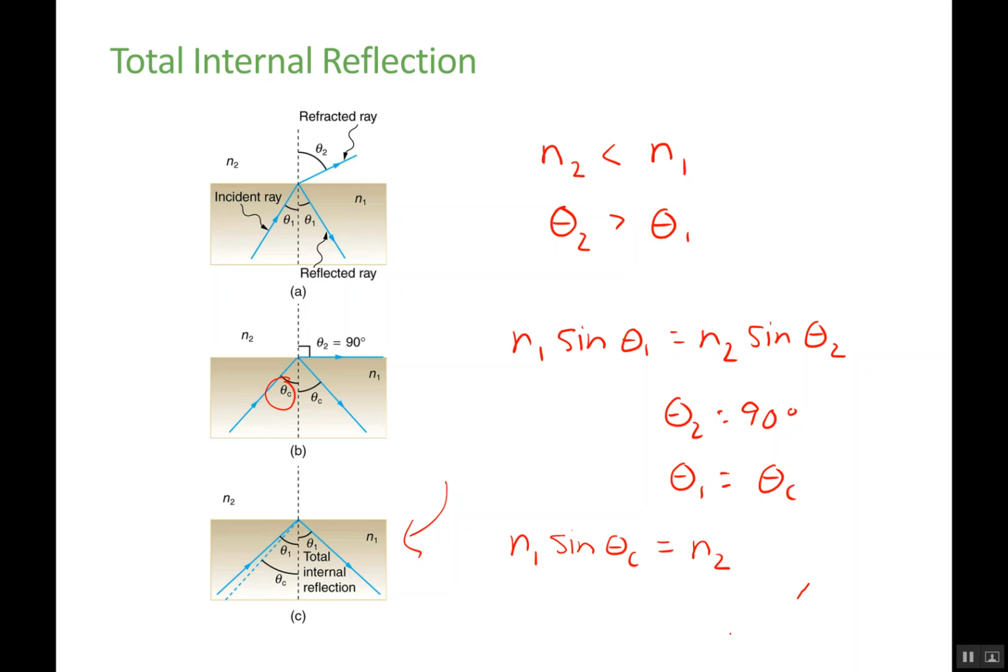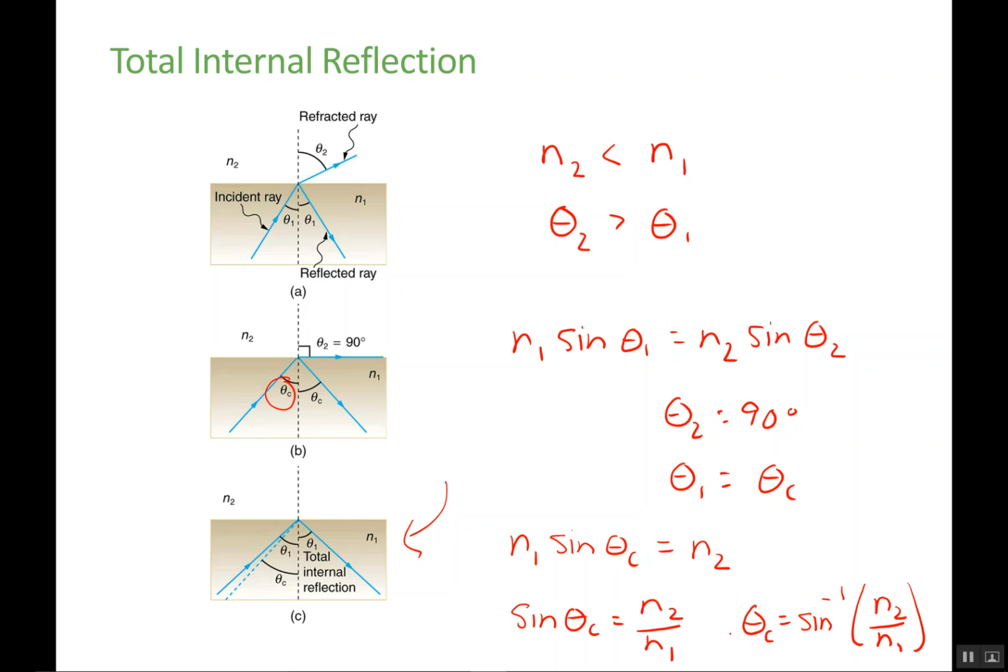So Snell's law becomes n1 sine theta sub c equals n2, or the sine of this critical angle is equal to the ratio of the indices of refraction, n2 over n1. Solving for the critical angle theta c by taking the inverse sine, the arc sine of both sides, the critical angle is equal to the inverse sine of n2 over n1.